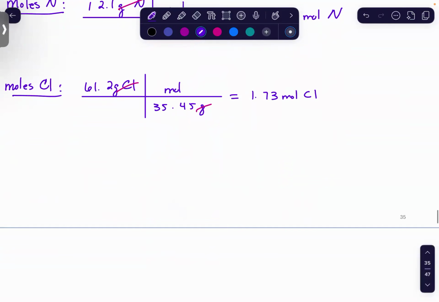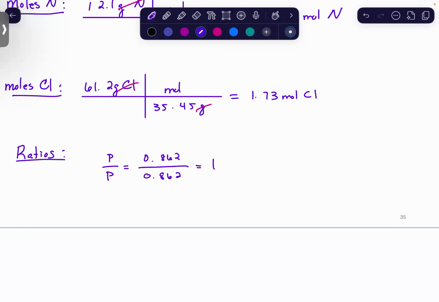So the easy one, you saw that phosphorus was the smallest. So I'm going to do a ratio of phosphorus to phosphorus. That's going to be 0.862 to 0.862. When I divide that, I get 1. The next ratio, nitrogen to phosphorus.